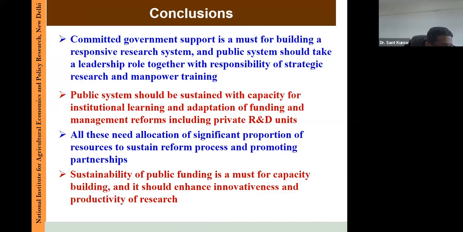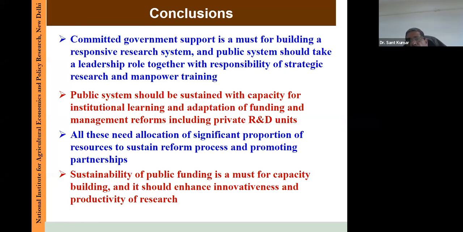So what we need, if we summarize, for the development of agriculture R&D and development of technologies, the most requirement has been the committed funding by the government, and the public system should take a leadership role and responsibility of the strategic research and manpower planning.